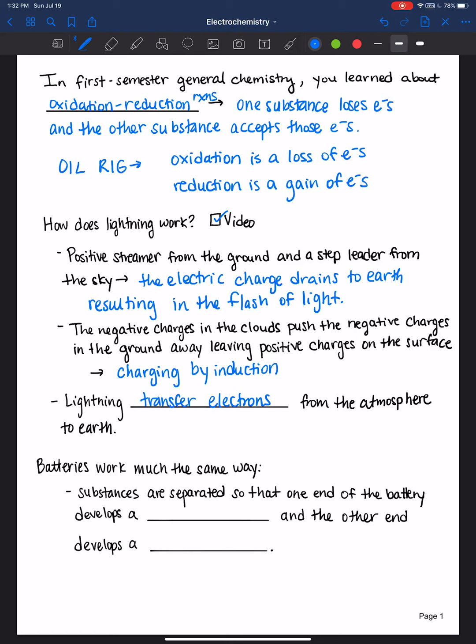All right, so some of you may be wanting to become an electrical engineer, and maybe battery research is really interesting to you. So that will be the application I discuss at the very end of these series of videos. It's just focusing on different types of batteries that are out there. So the way they work is that substances are separated so that one end of the battery develops a positive charge, much like we saw with the lightning with the positive streamers, and the other end develops a negative charge.